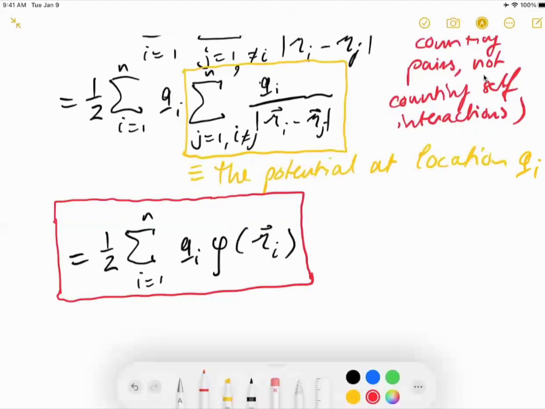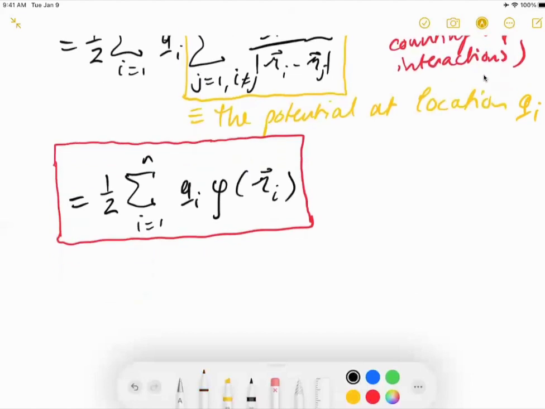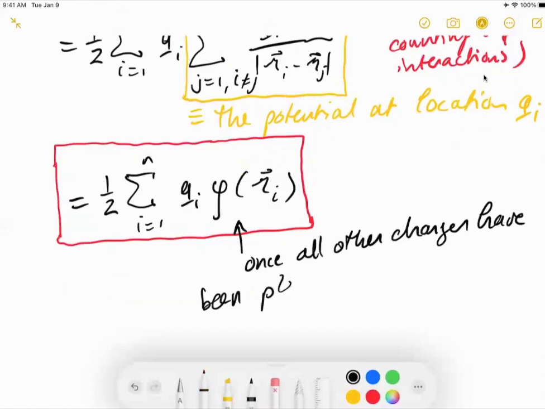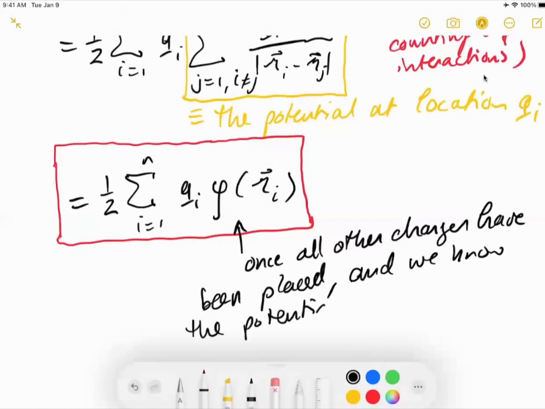So what does this mean? Once all other charges have been placed and we know the potential, just place Qi in it.